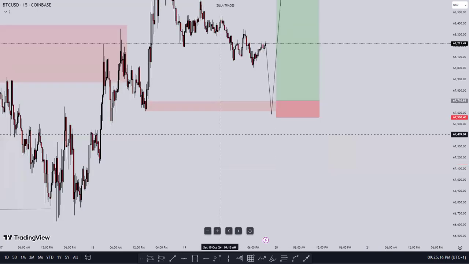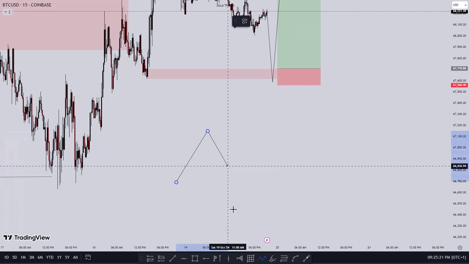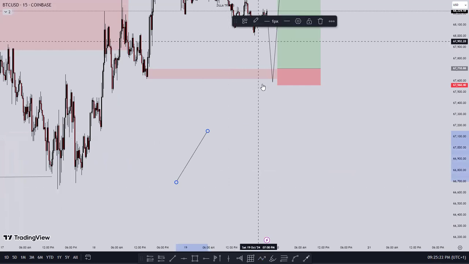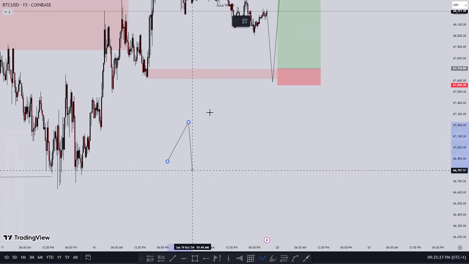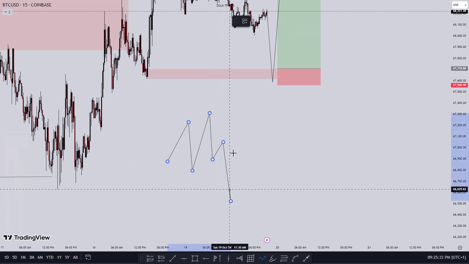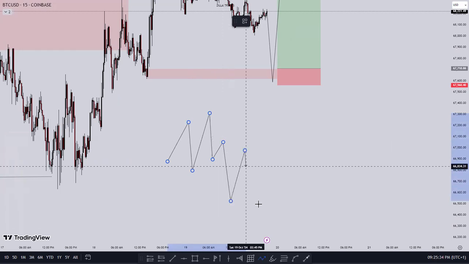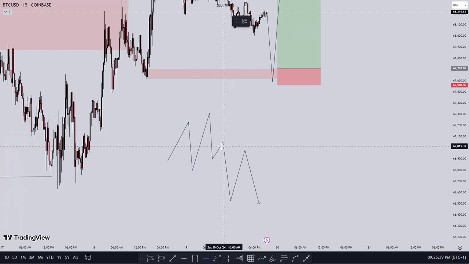Any flip zone you have, at all, you first wait for a sweep of a high. Let's say this is it. A sweep of a high, it comes back down, reacts and breaks the low. So now I want to be selling off from here. But before you sell off, your refined order block must have been at this point.